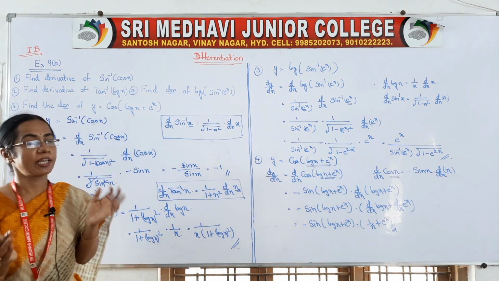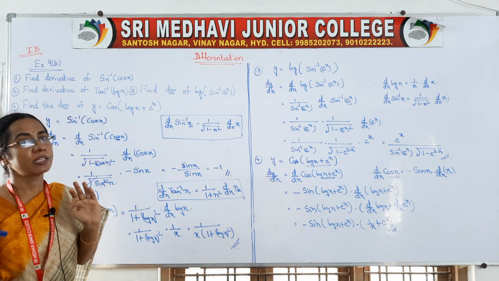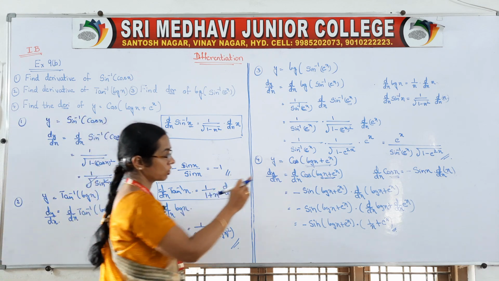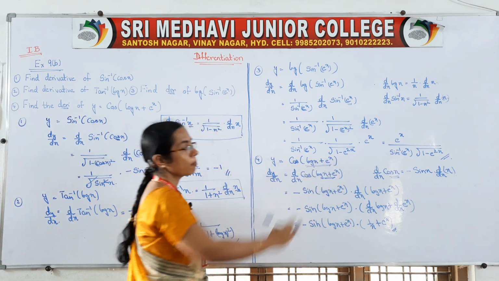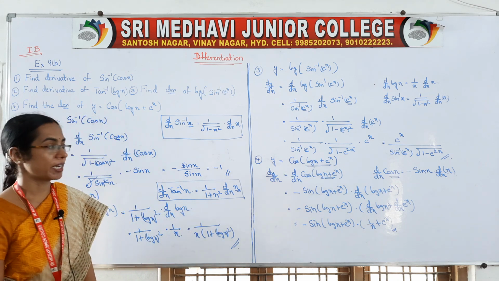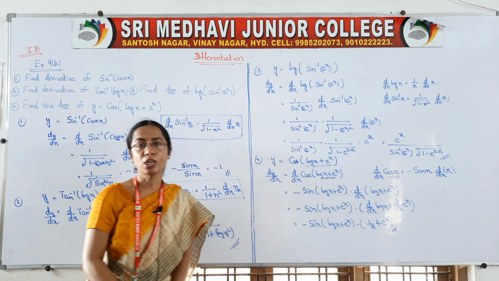In brackets is given means cos of some variable, whatever it be, but it will be in the form of a variable. D by dx of cos of any variable is equal to minus sine of that variable into d by dx of that variable. Okay, so these are the 4 problems we solved today, right?